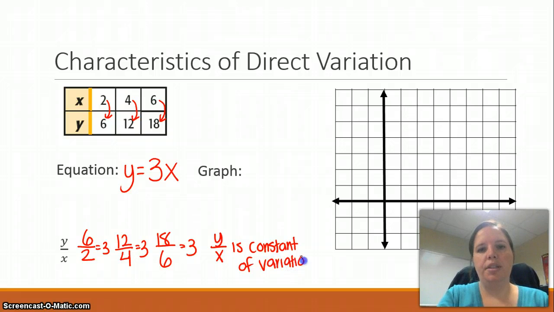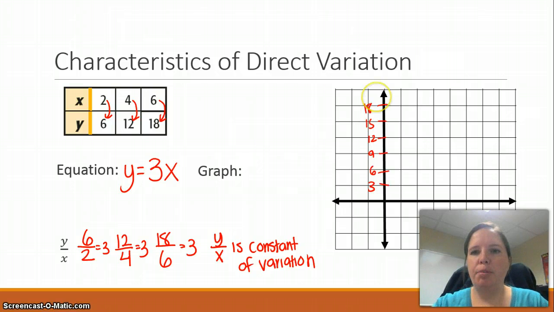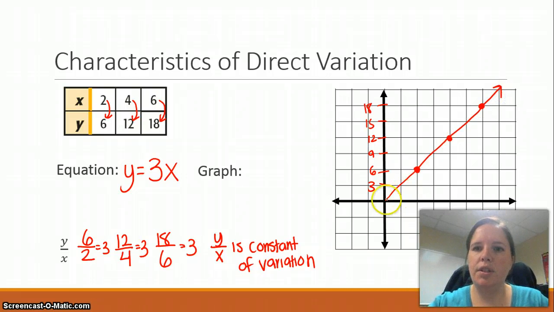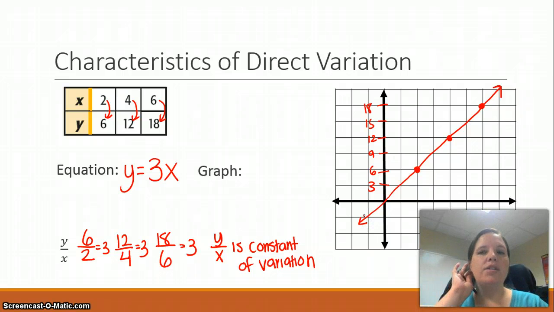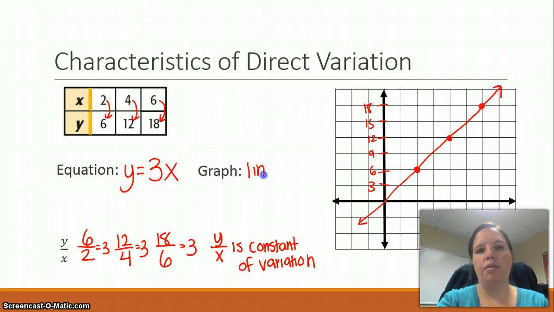Now, if we look at the graph of this, I'm going to bring up some scaling here. If I put these points on, 2, 6, 4, 12, 6, 18, and I extend this graph-wise, what are we going to notice about a direct variation? Two characteristics are really important.